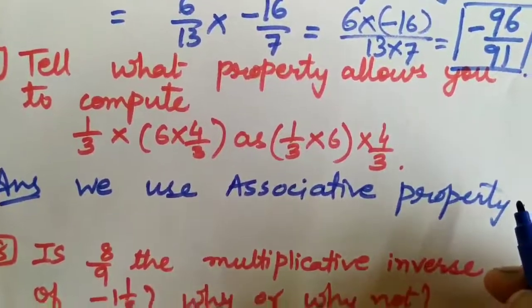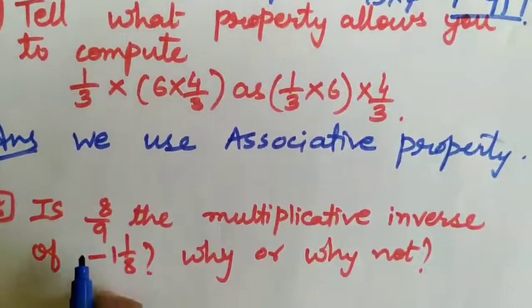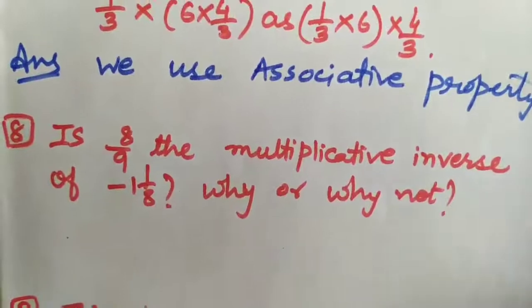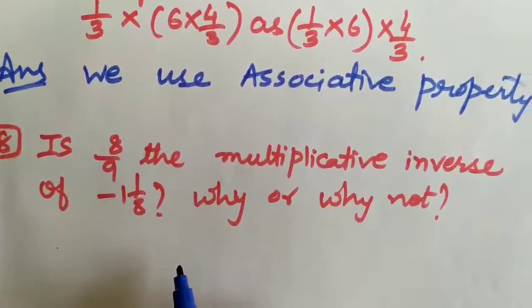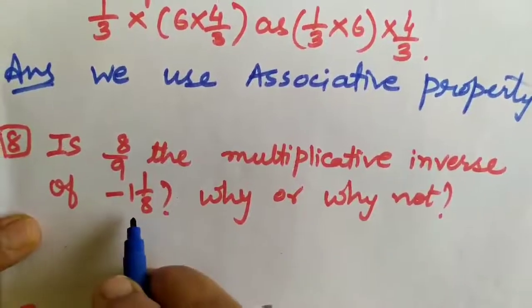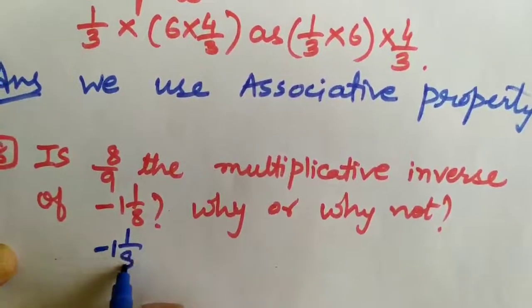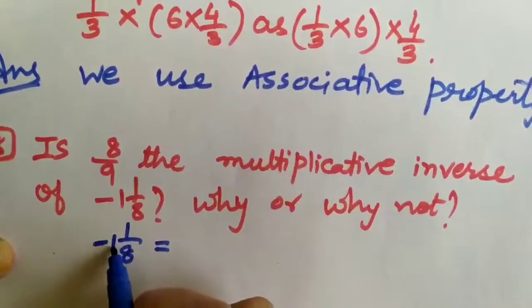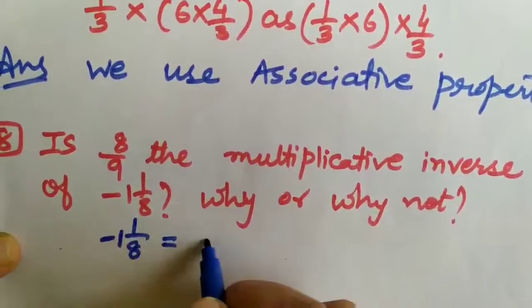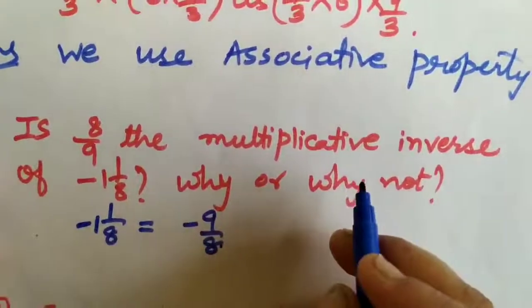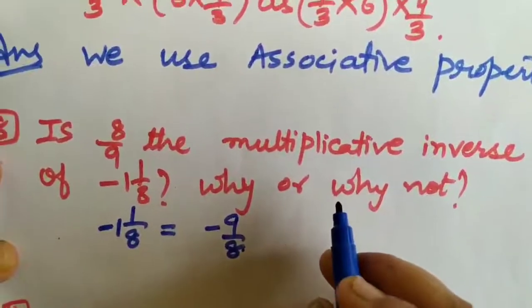Now next question, question number 8. Is 8 upon 9 the multiplicative inverse of minus 1 integer 1 upon 8? Why or why not? Now first we will find the value of minus 1 integer 1 upon 8. So minus 1 integer 1 upon 8 equals 8 ones are 8, 8 plus 1 is 9, so minus 9 upon 8. Multiplicative inverse means their product should be 1.